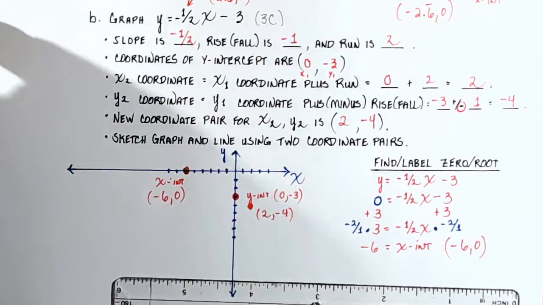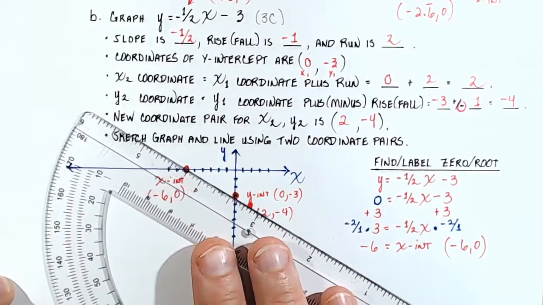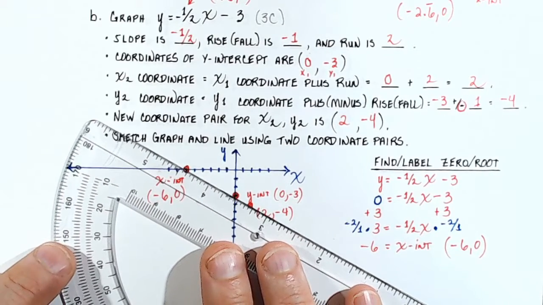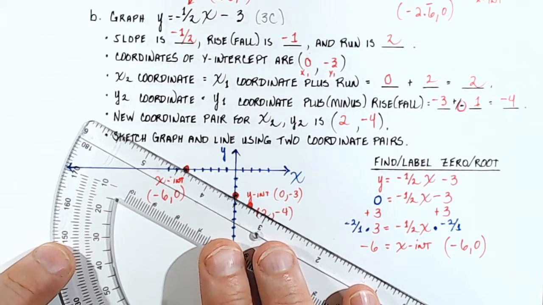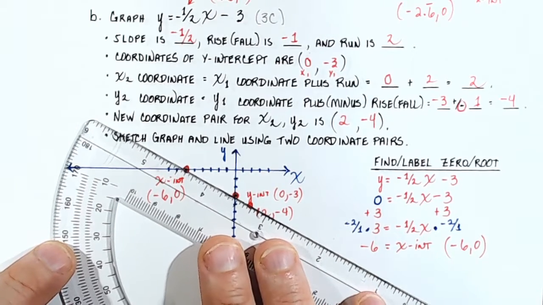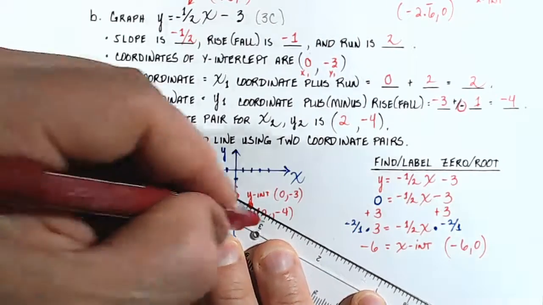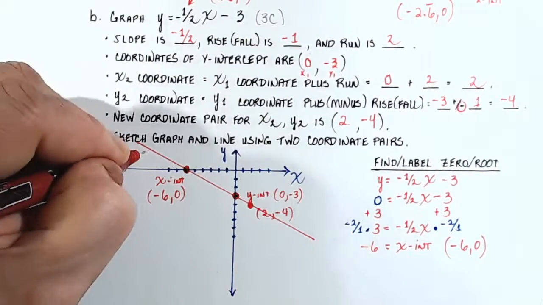Okay, so we have a downward sloping negative slope line. Slide in that ruler, and good, they all line up again. That's how you know the math was done correctly. Once you line up all your points and you're comfortable with how you've lined them up, draw a line through all the points like that.